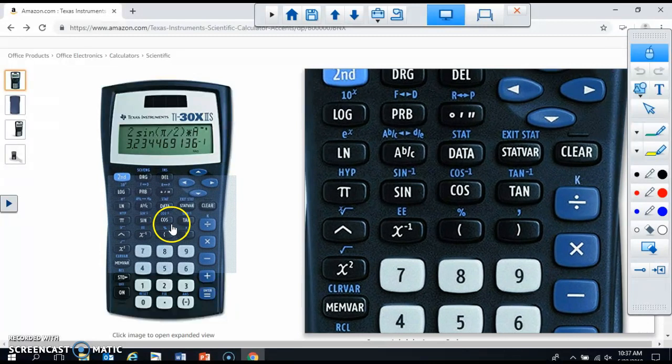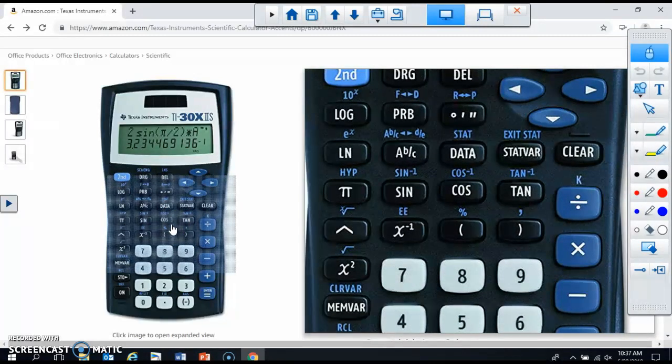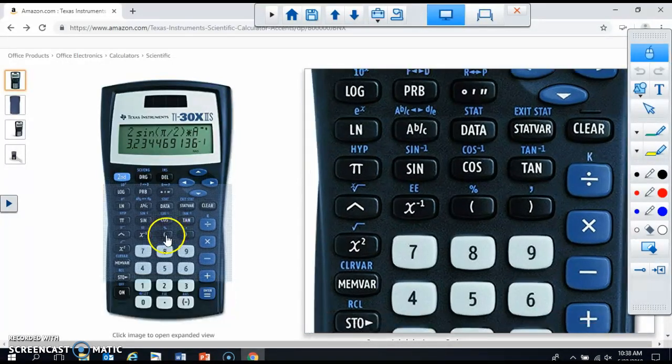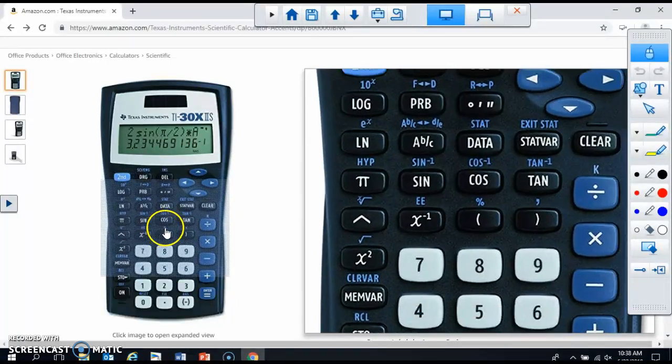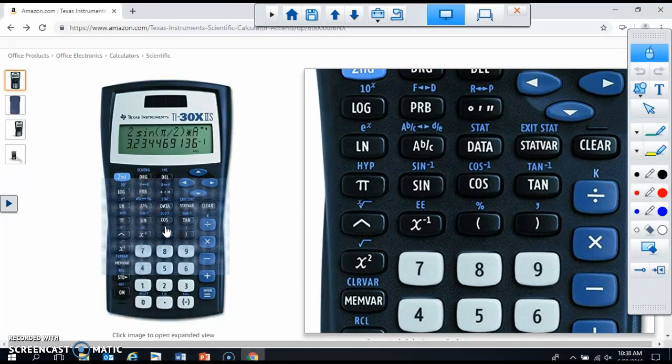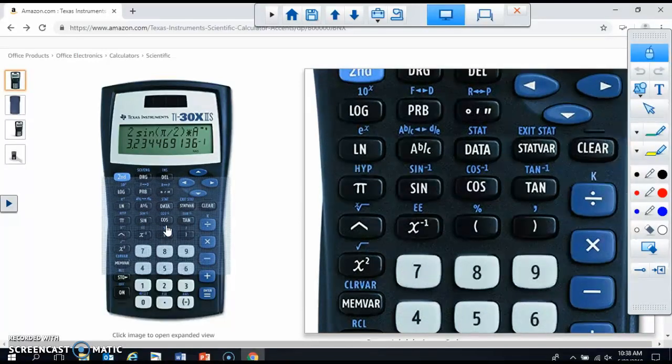You would open the parenthesis, plug in 5.8, second EE 24, close the parenthesis, divided, open the parenthesis, 6.02, second EE 23, close the parenthesis, then press the equal sign.